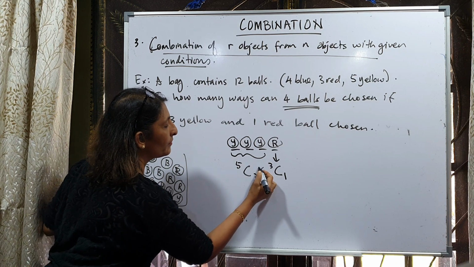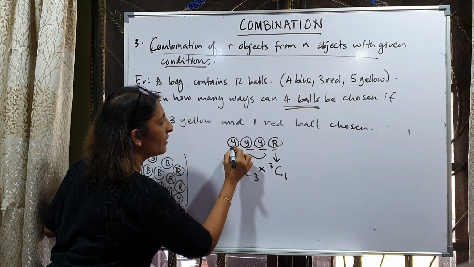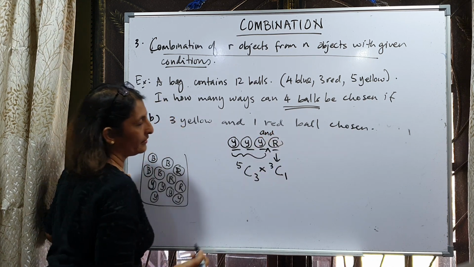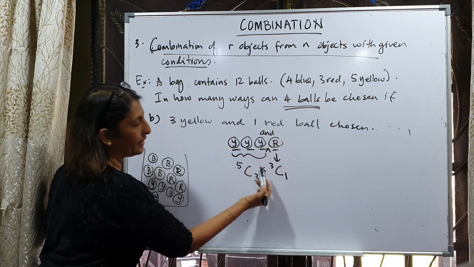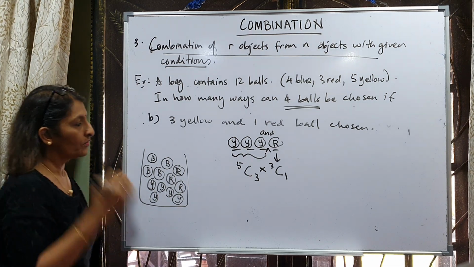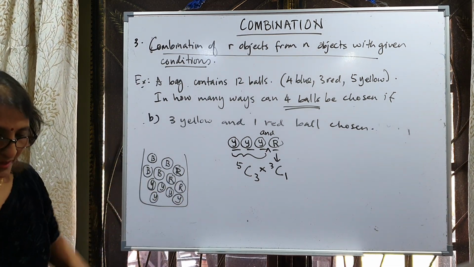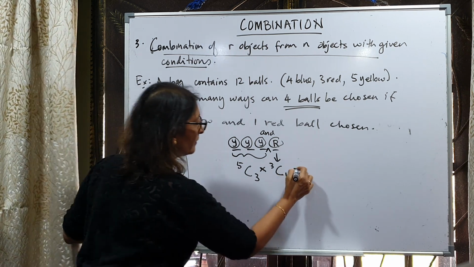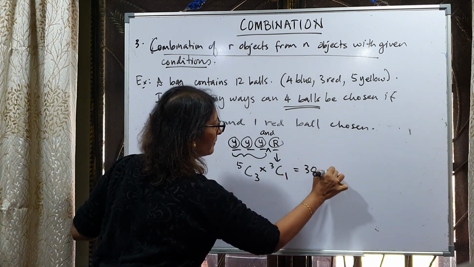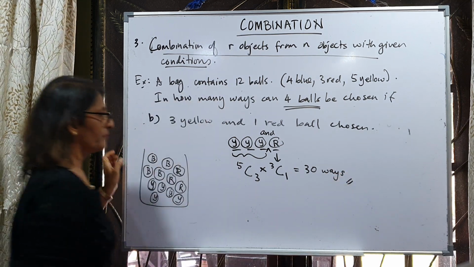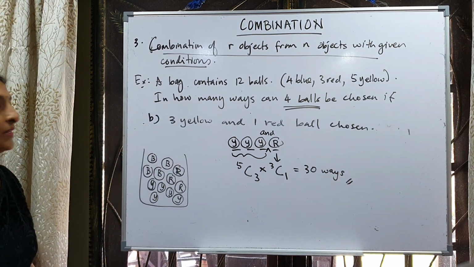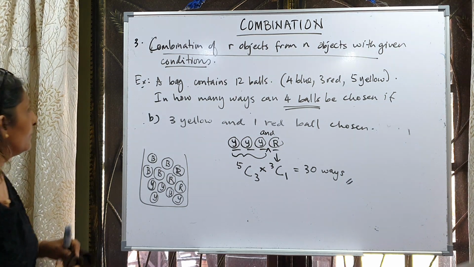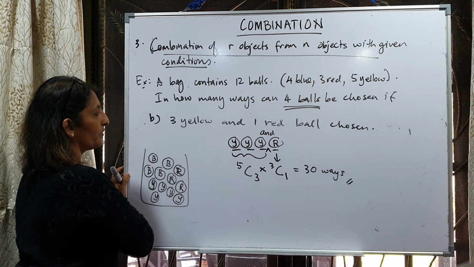We do the multiplication because it's 3 yellows and 1 red. So and means multiply. Now use your calculator and you calculate the answer. You will get 30 ways. Okay, picking 3 yellow and 1 red. Okay, the next one, part C. We'll rub this off.